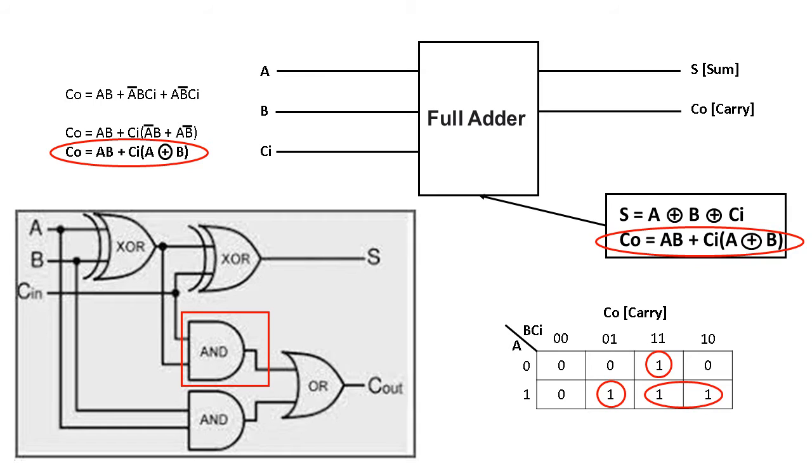Match this circuit with the function value Ci common and in bracket A XOR B. So we pass A and B through the first XOR gate, that result we pass through this AND gate along with the carry input, and both the AND gate outputs pass through the OR gate, and that is what we achieve from this circuit as the carry output. I hope you have understood.